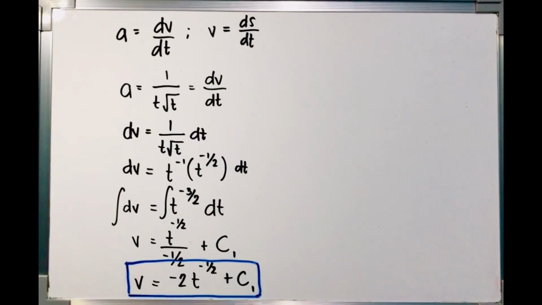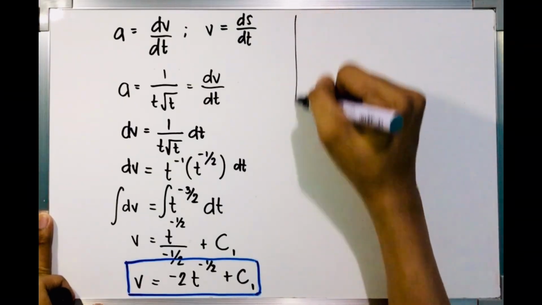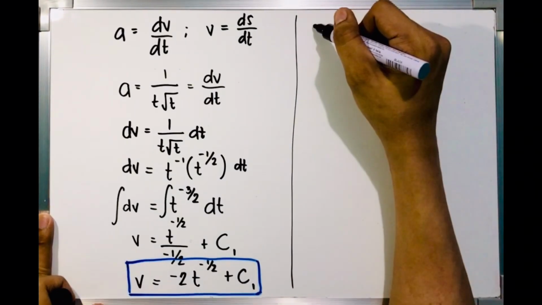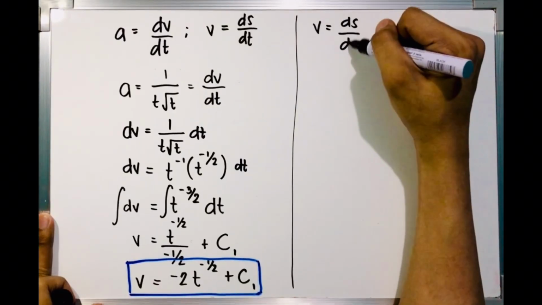Next is, we can solve for the function of the displacement. Ang gagawin natin is, i-integrate lang natin yung velocity function. Okay? Kung kanina in-integrate natin yung acceleration function, makukuha natin yung velocity. Now, velocity, if we will integrate the function, we can get the displacement function. So, writing down the equation, v is equal to ds over dt.